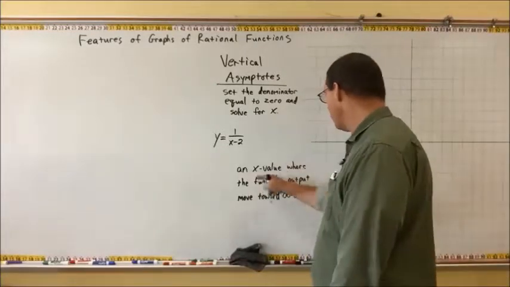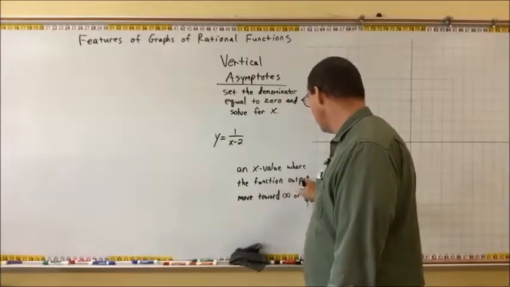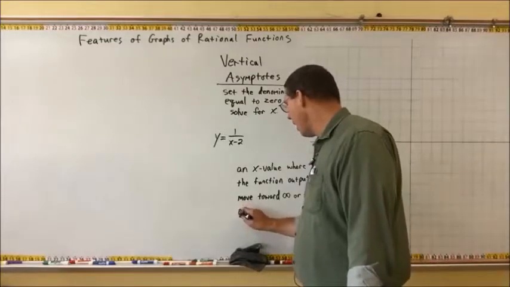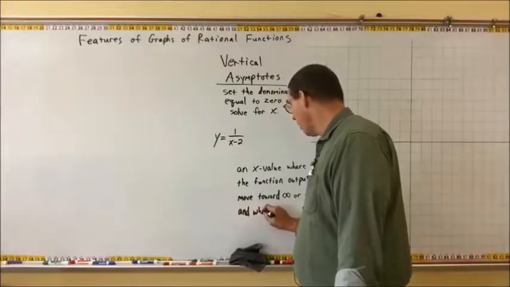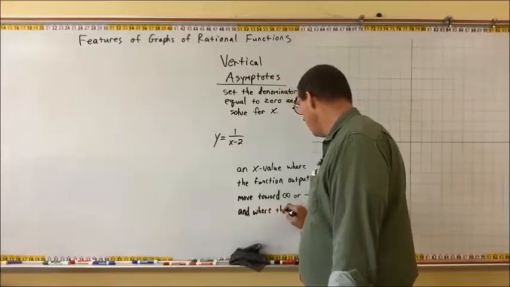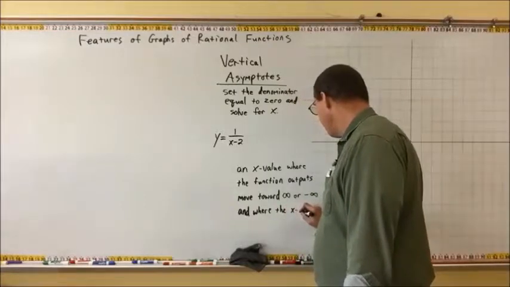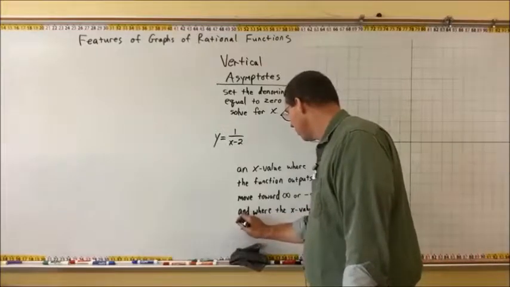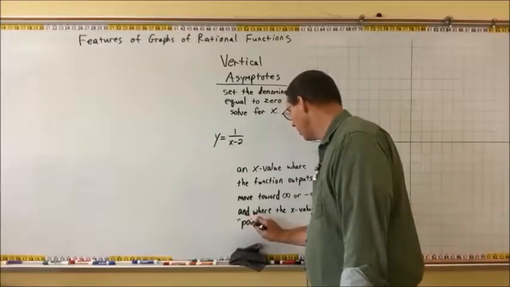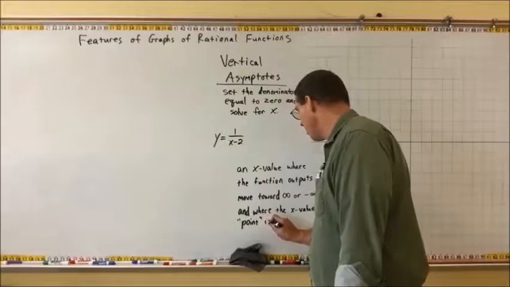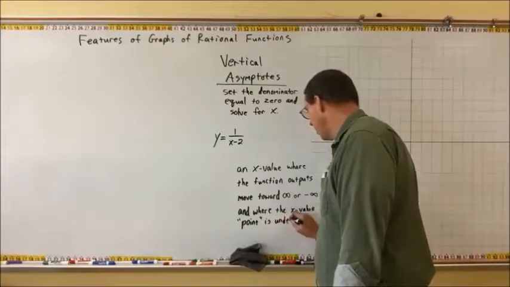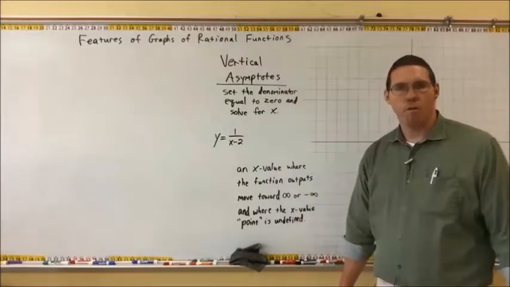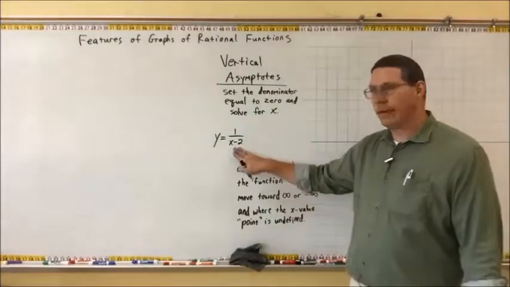So, an x value where the function outputs move toward infinity or negative infinity, and where the x value (point, I'm going to put in parentheses because it's not really a point) is undefined. It's undefined because it's over 0, because the denominator is 0.